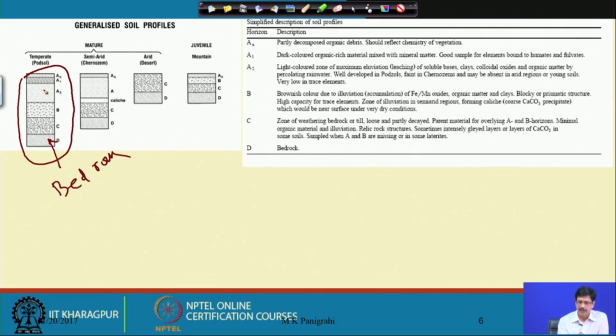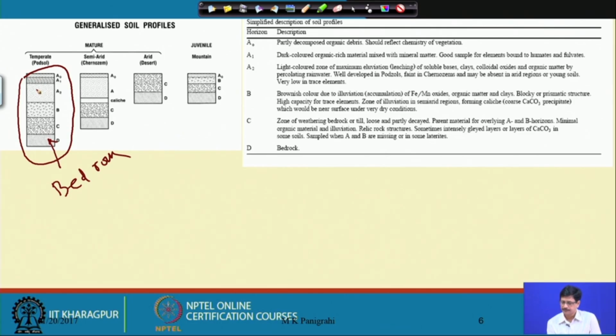So, here the situation is such that the A0 zone is mostly humus rich and partly decomposed organic debris, and it does not reflect much about the subsurface condition. The A1 is a dark colored, organic rich material mixed with mineral matter.